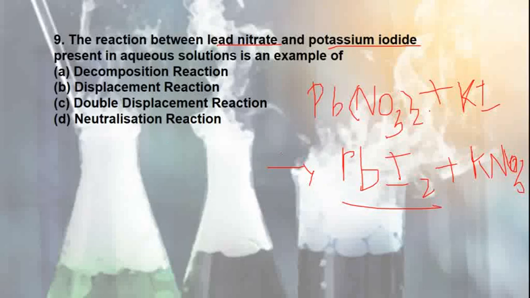So you can observe here the iodide and nitrate are getting exchanged, that is mutual exchange of ions is taking place. So what is the answer? That is double displacement reaction.